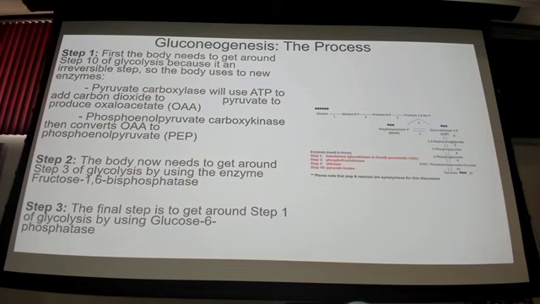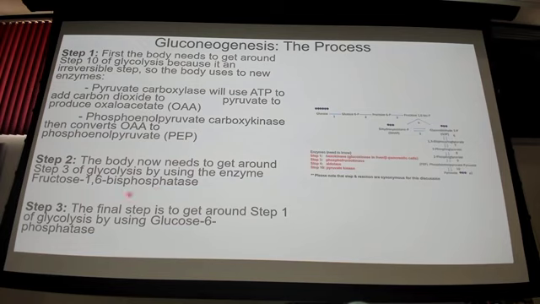Oxaloacetate will then be converted to phosphoenolpyruvate by the enzyme phosphoenolpyruvate carboxykinase, as you can see here. So it's just circumventing this last irreversible step of glycolysis. All the other steps in between are reversible.